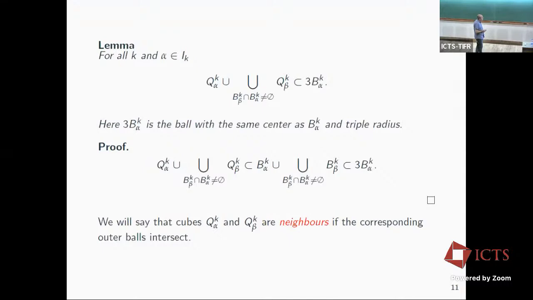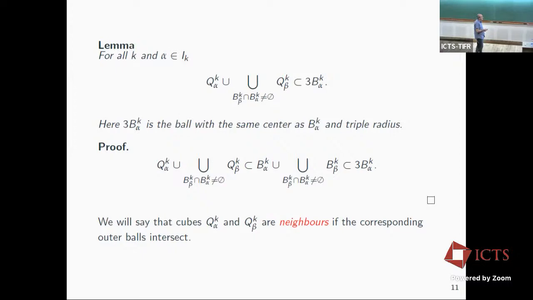Okay, another lemma that we are going to use is the following. You fix a generation and take a cube in that generation, and then you take the union of your cube with all the neighbors. So what are the neighbors? The neighbors are all those cubes such that the outer ball that contains your cube and the outer ball that contains the other cube intersect. So these are cubes which are somehow close to our starting cube.